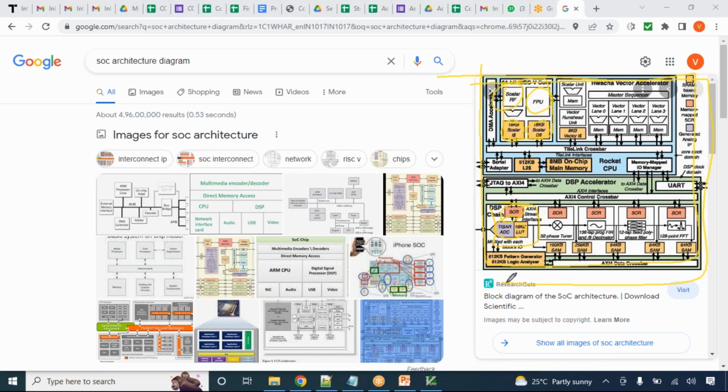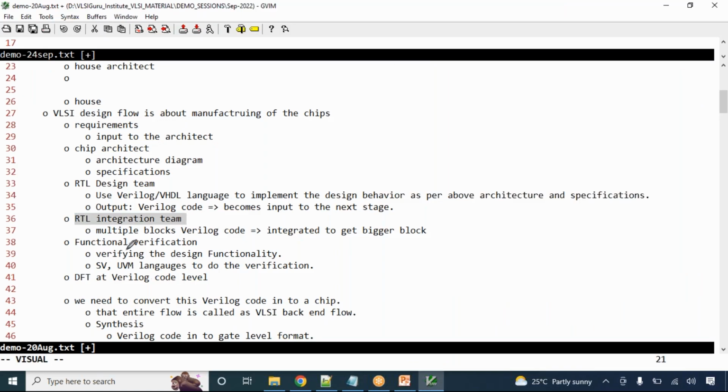Various people created small blocks, then they were integrated to get a bigger block. That is what we call SOC. SOC stands for system on chip. So multiple blocks of Verilog code are integrated to get a bigger block.